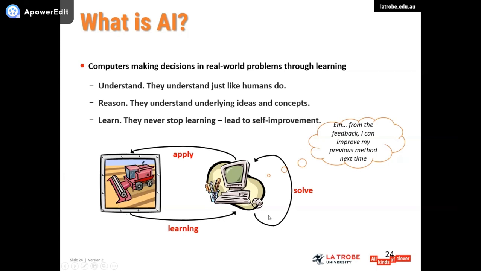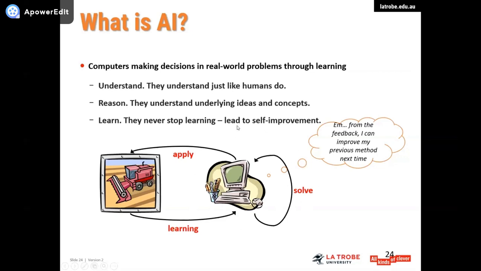If it improved, it will remember that and make further improvements. If this method cannot improve the solution, the computer will also make a mark and try some other method again. By doing this, our computer can keep on learning to achieve the optimal solution.